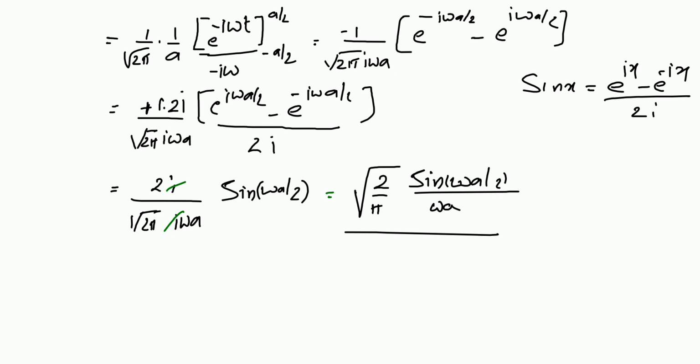You can either stop here or continue, because there is another important function defined in mathematics, the sinc function. You always write it as sine with a suffix c, sinc of x, or the sinc function. By definition this is equal to sine x divided by x.